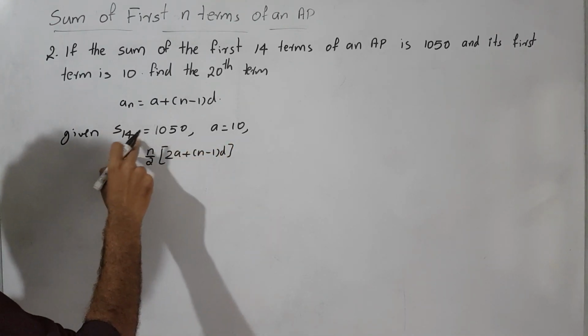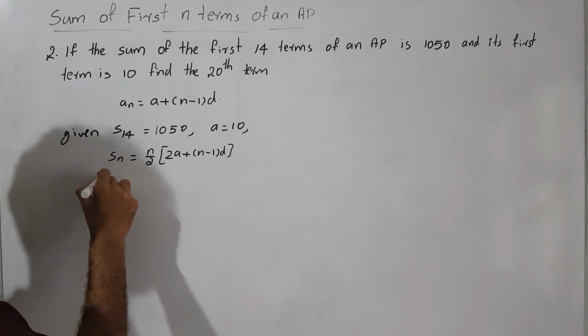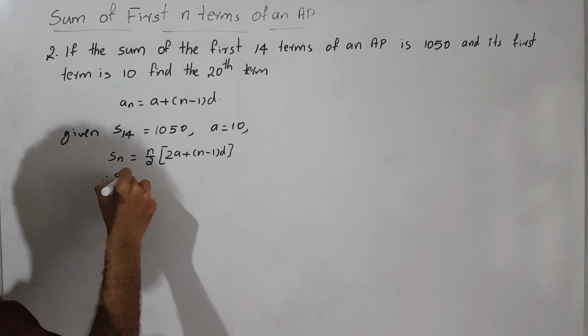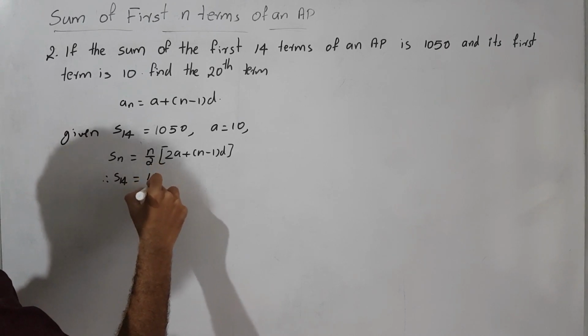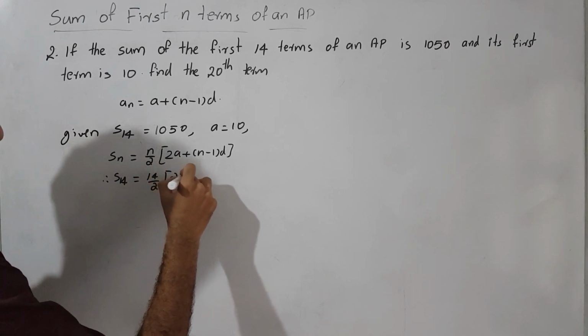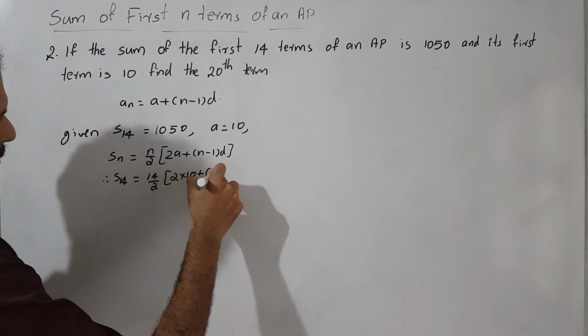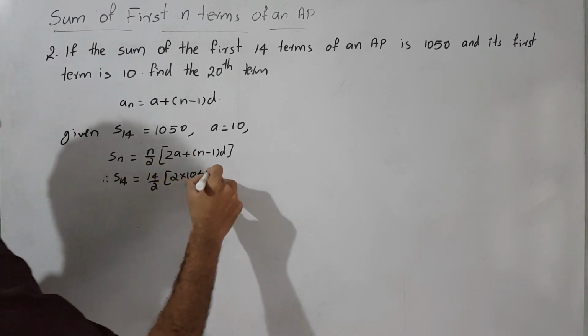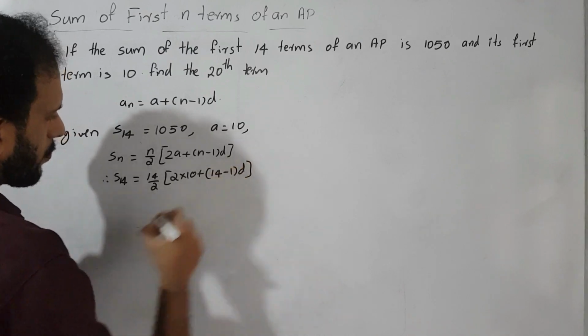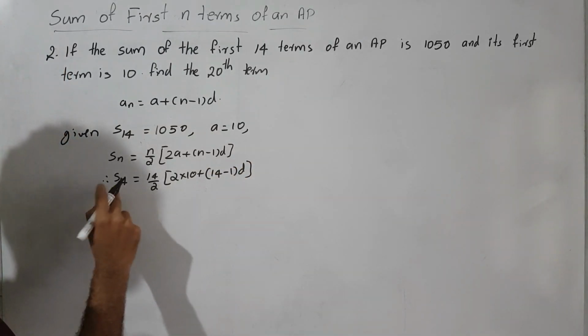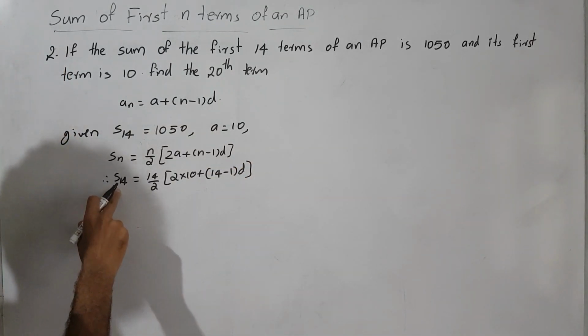Then Sn means S14, therefore S14 is equal to 14 by 2 into 2 into 10 plus, what is n? n is 14, minus 1 into d.